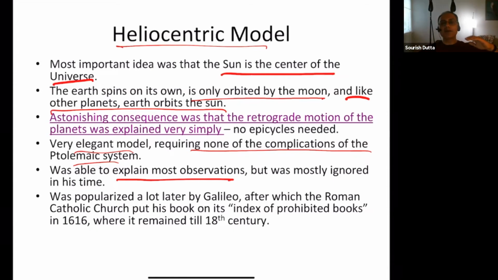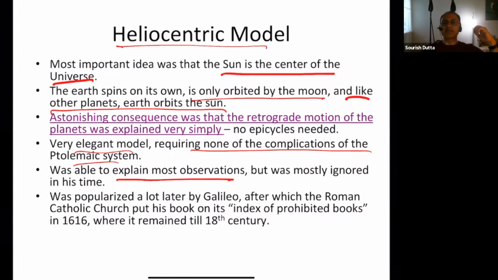The Ptolemaic model was also able to explain, in general, where Jupiter would be, where Mars would be, and all that. But it was not super accurate. It was generally true, but not super accurate. And Copernicus's model turned out to be not that much more accurate than the Ptolemaic model.